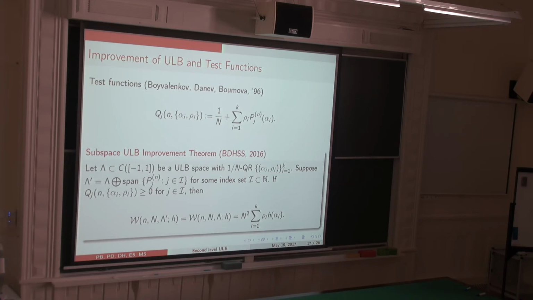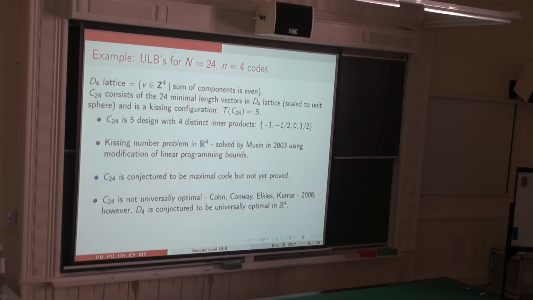And now I'll move to the examples. So this is the 24 cell, okay? And the 24 cell is also the solution of the kissing number problem. It's conjectured to be a maximal code, but that has not been proved yet. It's not universally optimal.